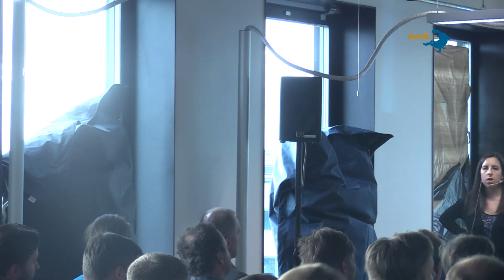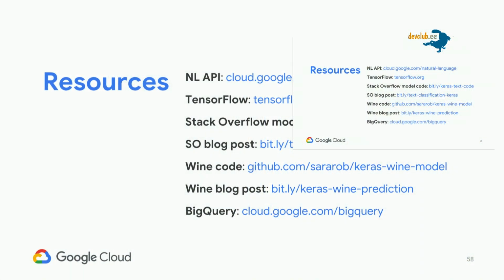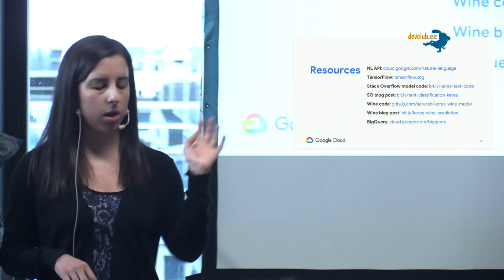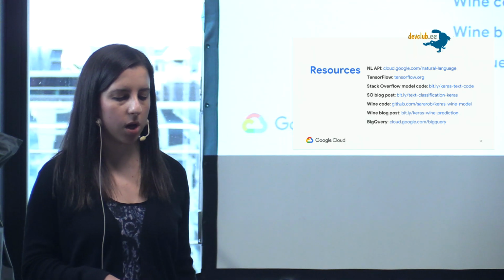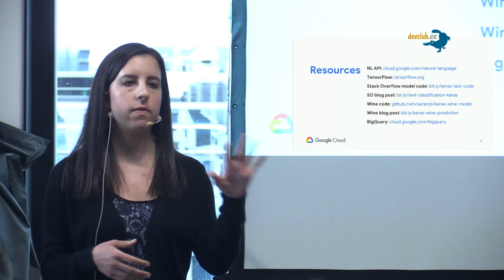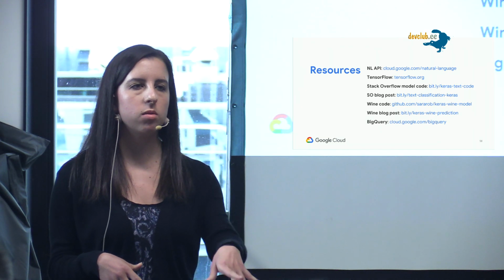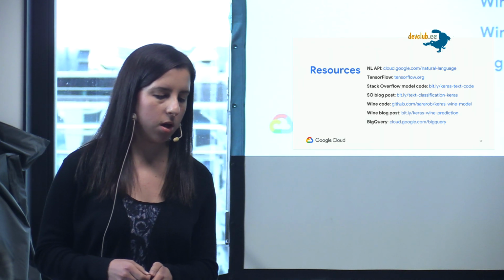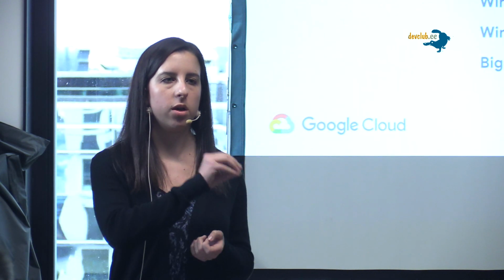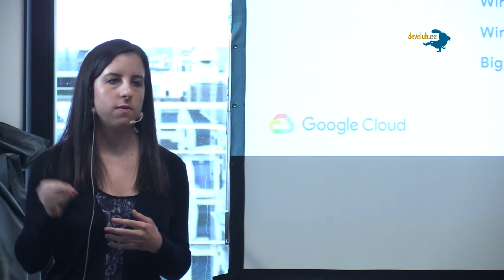Okay, so the question was how can we evaluate that the model that we built was the most accurate one? We have a lot of resources on the TensorFlow blog and the Google Cloud blog about different models that you can choose from and how you can evaluate them. One great way to do that is with TensorBoard, which I didn't show. TensorBoard is a tool for visualizing how your model is performing, and you can look at each of the different nodes of how your model graph is actually defined.